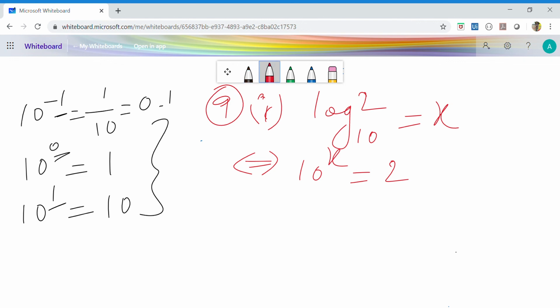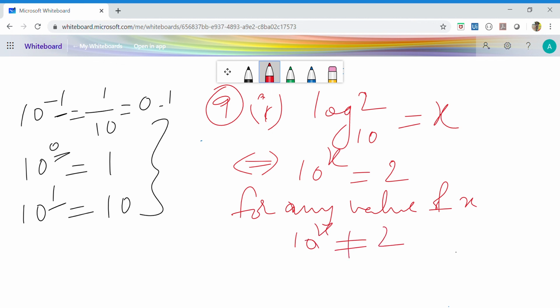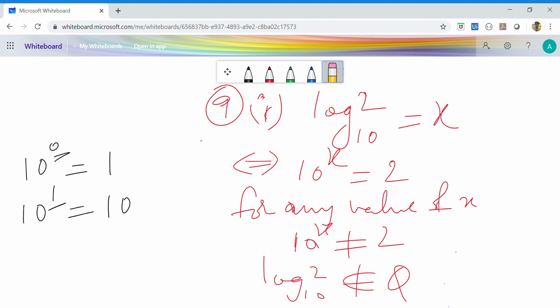In the same way, we cannot guess any value of x for which 10 power x is equal to 2. So therefore, log 2 to the base 10 does not belong to the rational numbers. It is not a rational number.